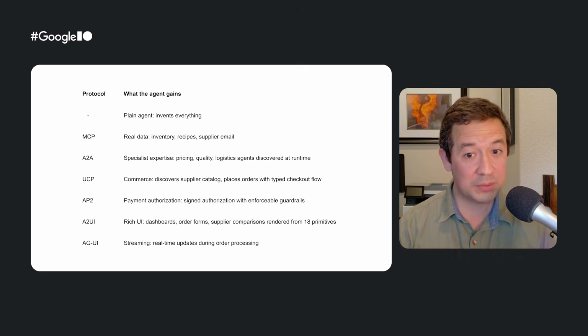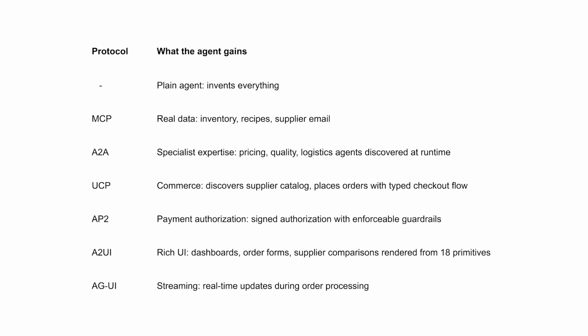We started with a plain agent that made up inventory data, and by the end, the same agent can fetch real inventory levels, discover specialist agents, place typed orders, get payment authorization with signed mandates, render dashboards from 18 primitives, and stream it all back to the front end.